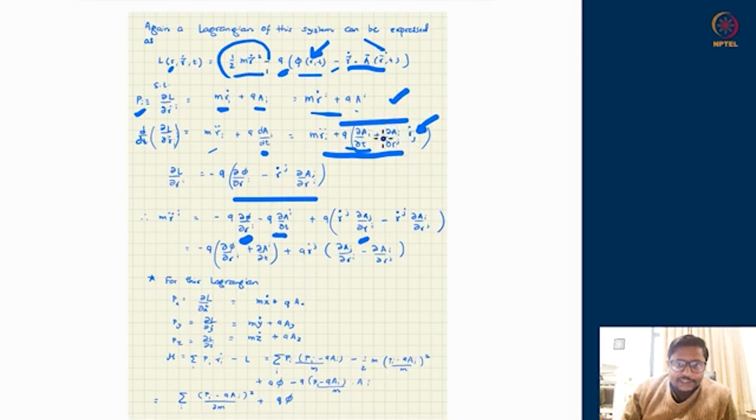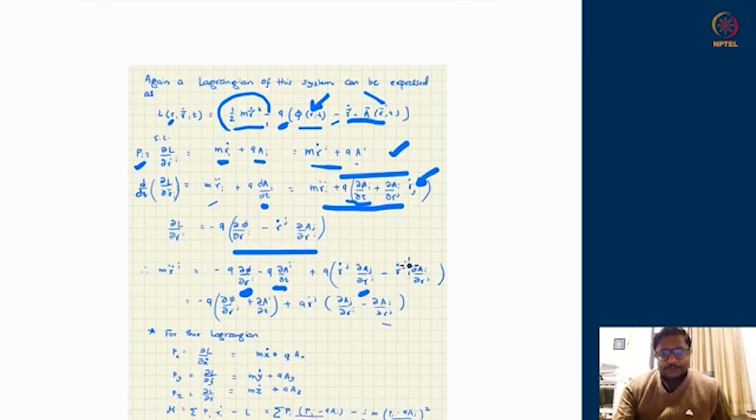Now the remaining last term present in the left hand side would be just transported to the right hand side to become minus Q Rj dot del Ai upon del Rj. This is the last term which has appeared. Now compare the equation of motion we just wrote above.